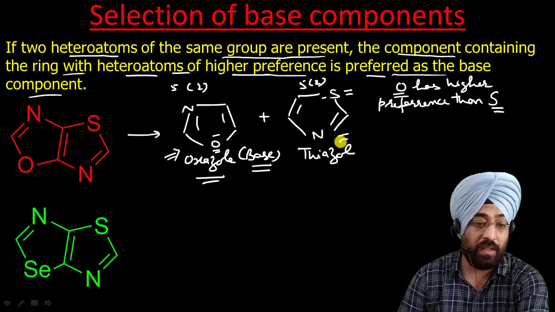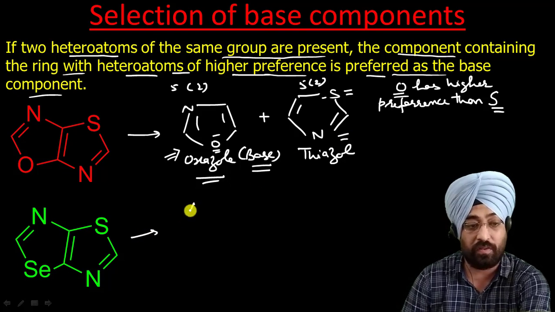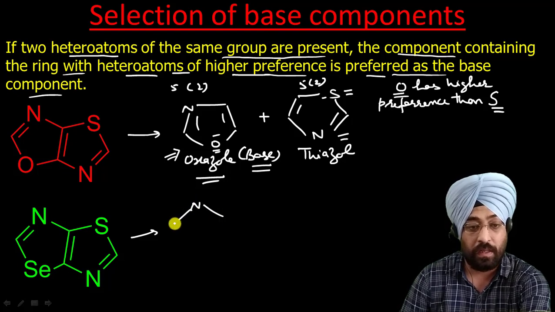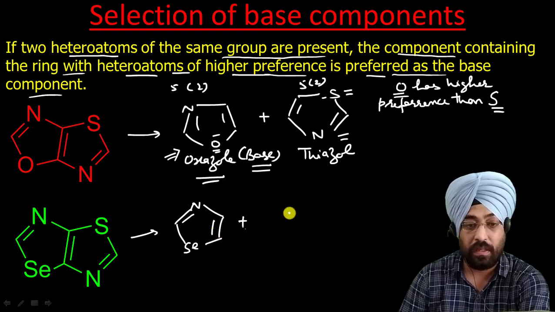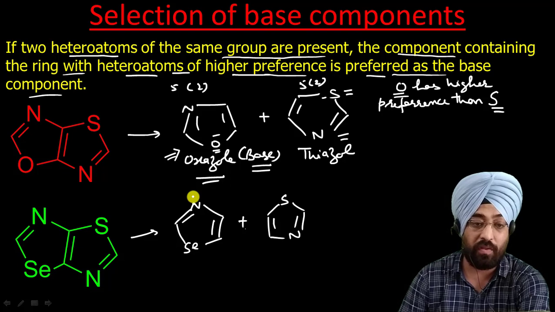Now let us see this case. If we split this into two compounds, what will these two compounds be? Double bond, Se, here we have a double bond plus this sulfur, nitrogen, double bond, double bond. This is again the same case: 5-membered, two types of heteroatoms.